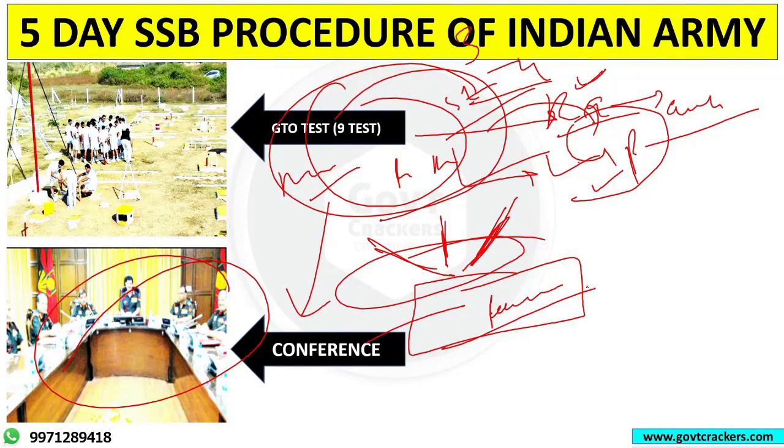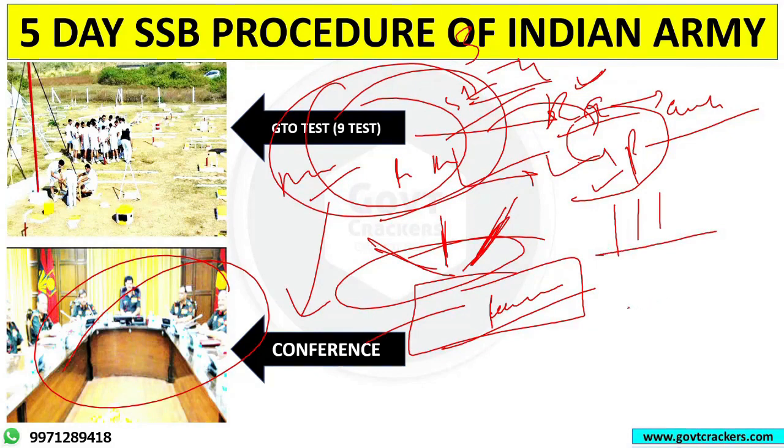One thing one needs to be very clear about is that since you are in the defense forces, it is not important that you should be a topper or score high in each and every test. The main focus here is that you have to be consistent.